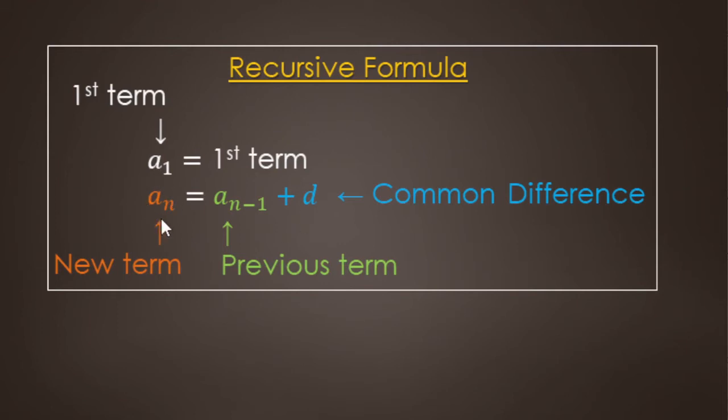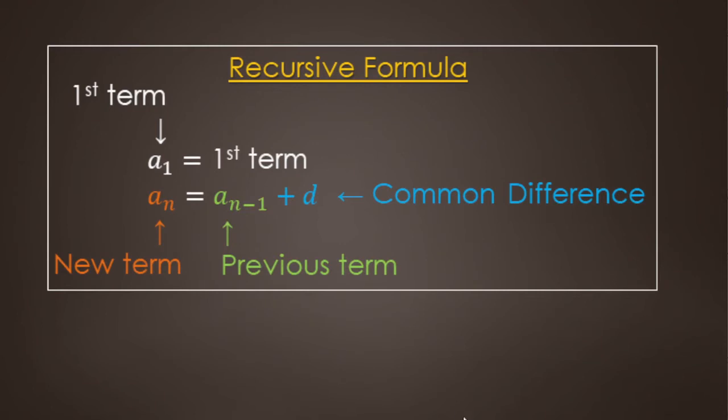So again, if that's the 10th, then you take the 9th and subtract 4 or add 5 or whatever that common difference is. So that's what these symbols mean. They do take a little bit of time to get your brain wrapped around it, but that's what they mean. First term is a1. The next term or the new term is an. And then you just take the n minus 1, the previous term, and we got it all listed right here.